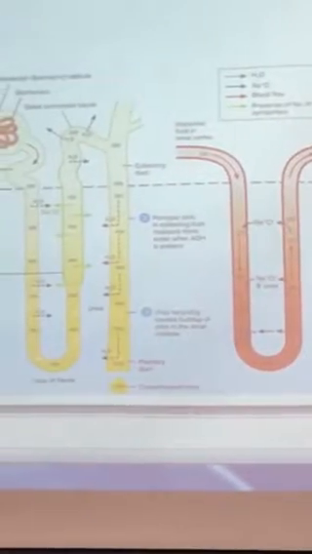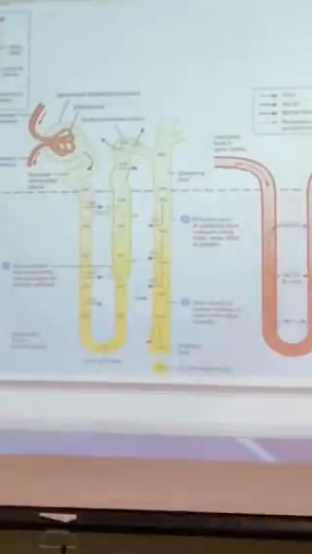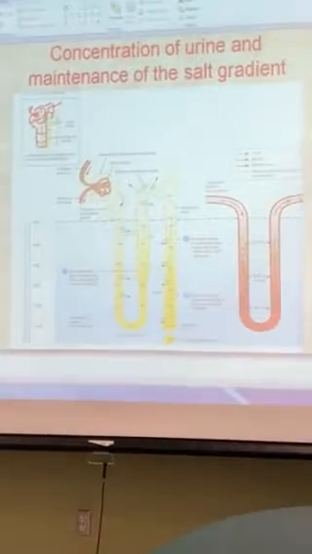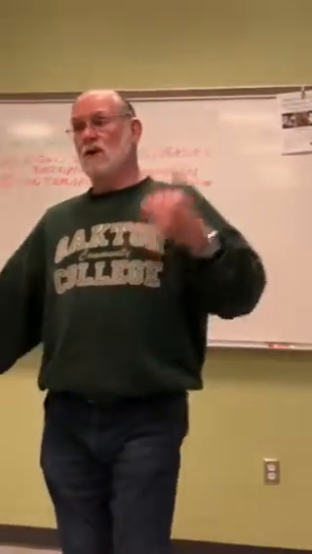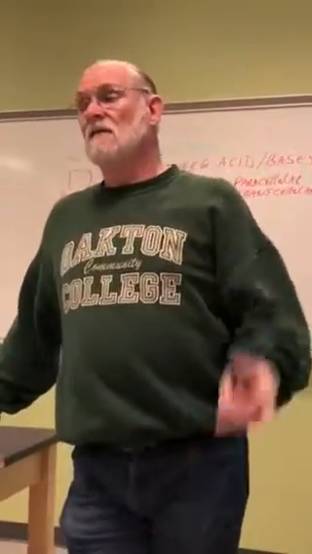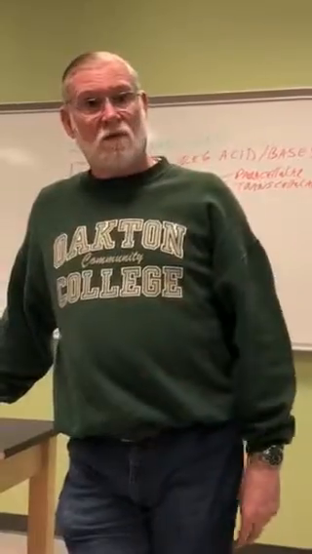Then we said that if you get a little dehydrated, then your body's going to release proportional ADH, and then you're going to start concentrating urine proportional to how much hormone was released.